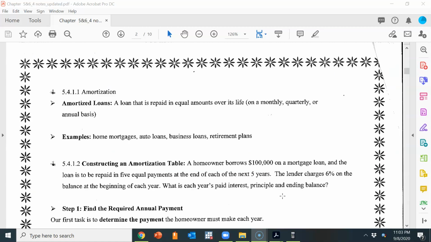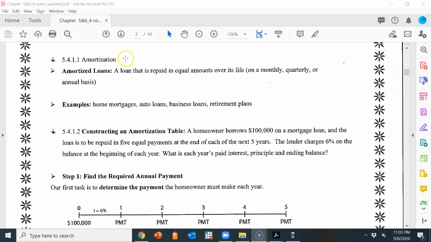So let's first look at what amortization is. Amortized loans are loans that are repaid in equal amounts over their life on a monthly, quarterly, or annual basis. The concept is very similar to an annuity.